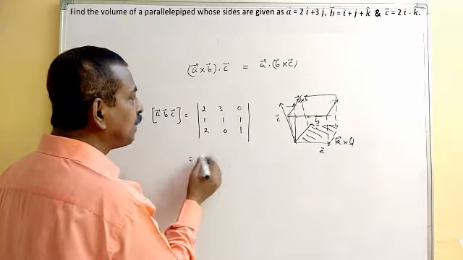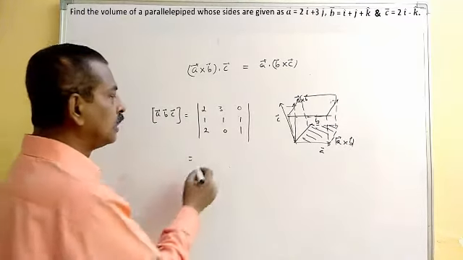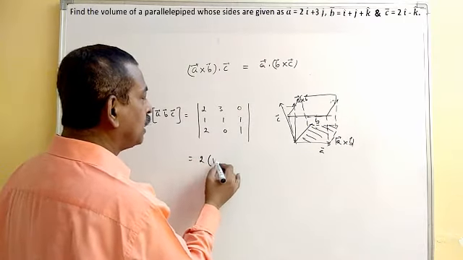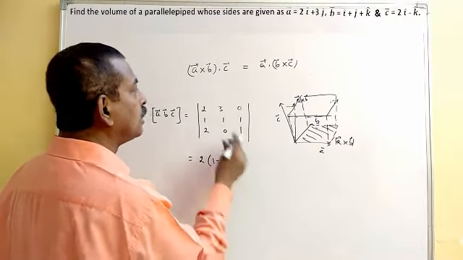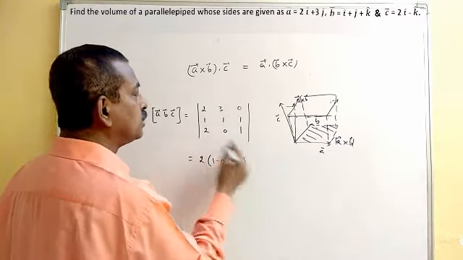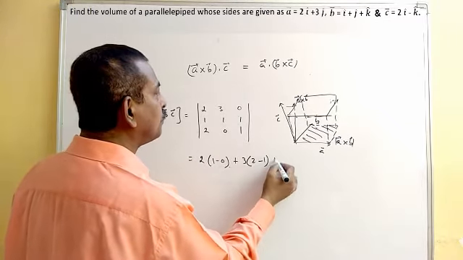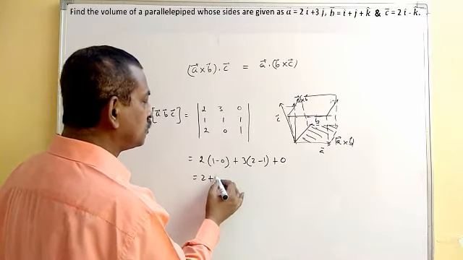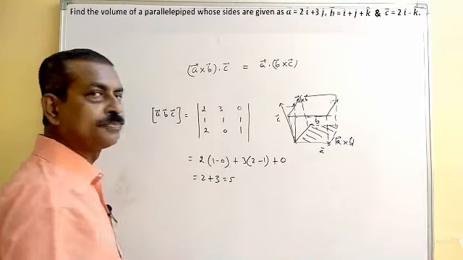So we have to basically expand this determinant. Now if you expand it, it is 2 into 1 minus 0. For 3, it is 2 minus 1, and the third term is 0. So it is 2 plus 3, that is 5 units.